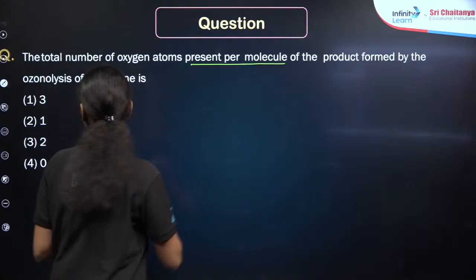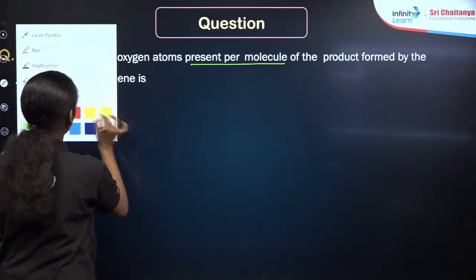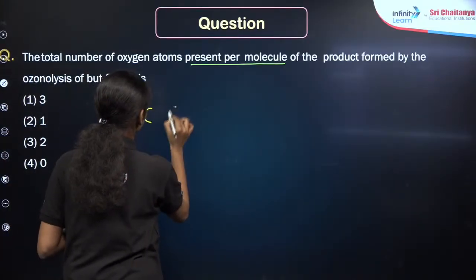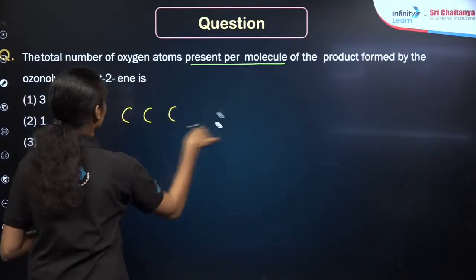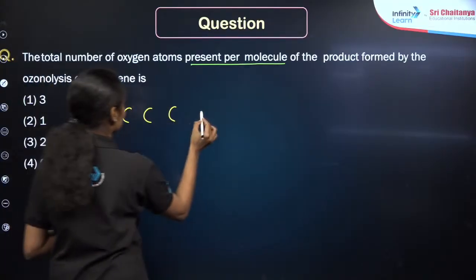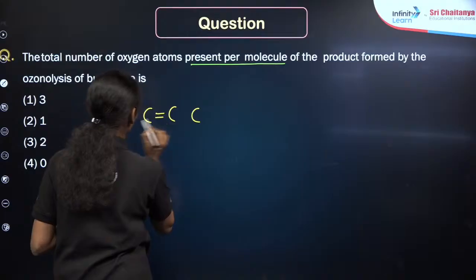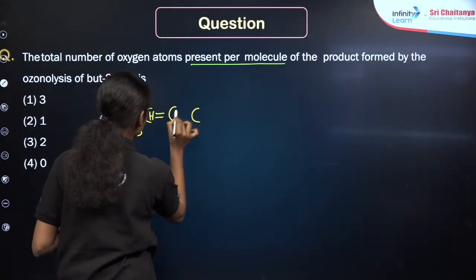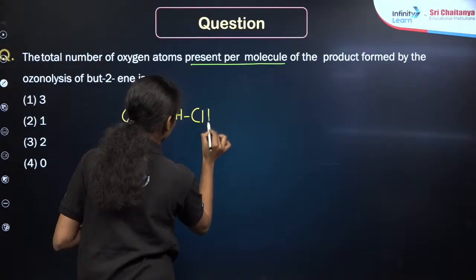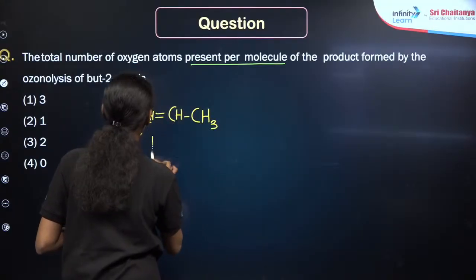What you have to do? First, write down the structure of but-2-ene, right? At the second position there is a double bond: CH3 CH double bond CH CH3. This is my but-2-ene, right?